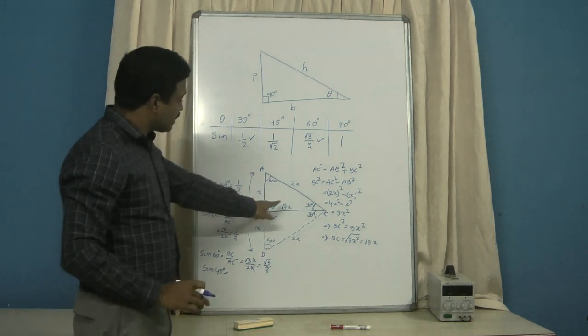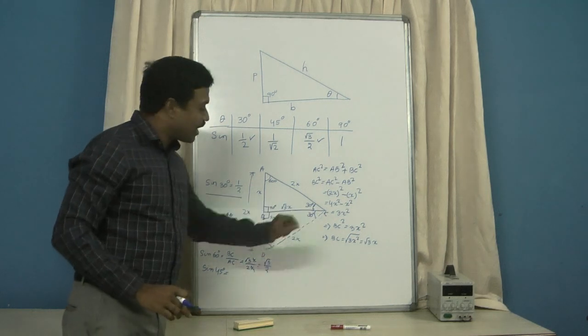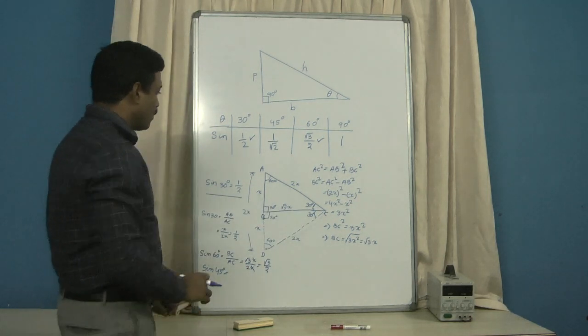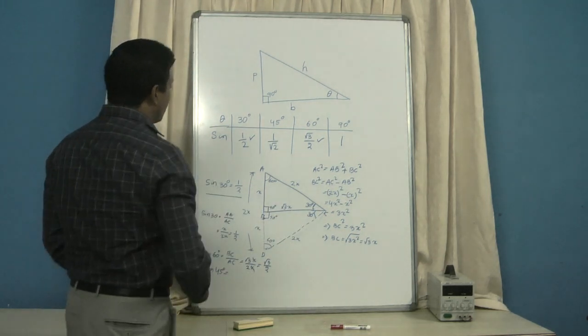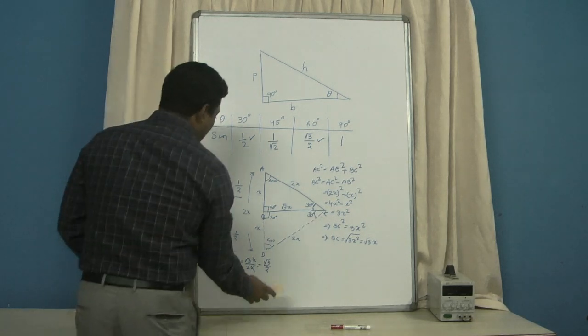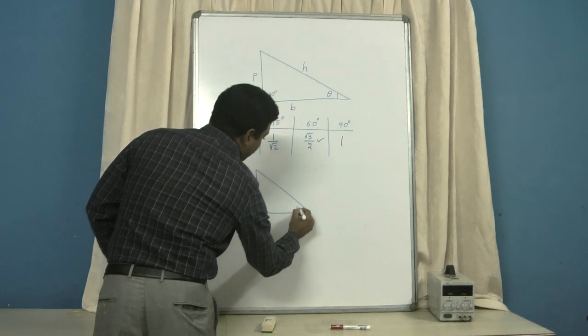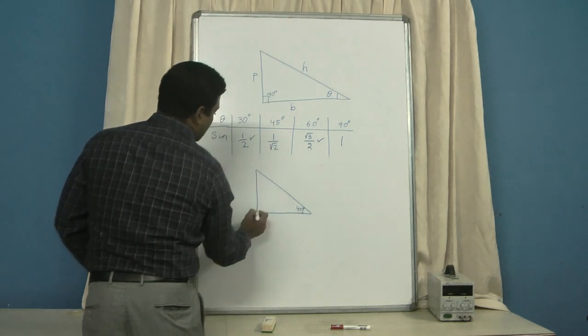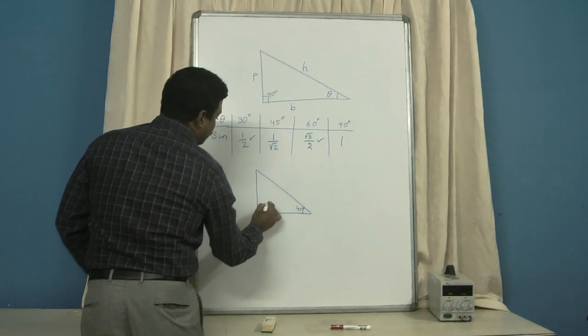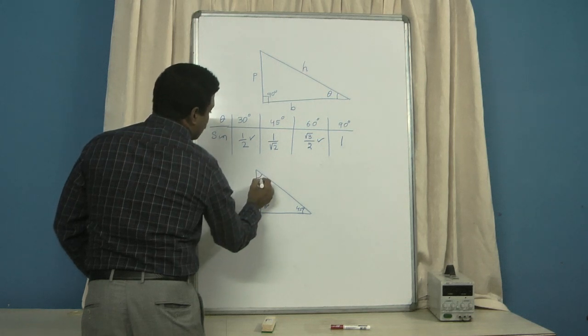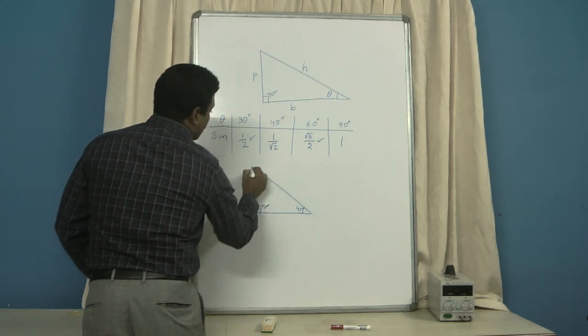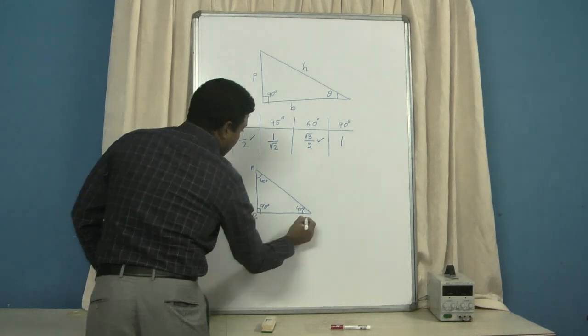But in that case, this side and this side are equal. So this triangle will not hold good. So what we can do is, we'll draw another triangle. When this angle is 45 degree and this is 90 degree, that means this is also 45 degree as per properties of triangle.